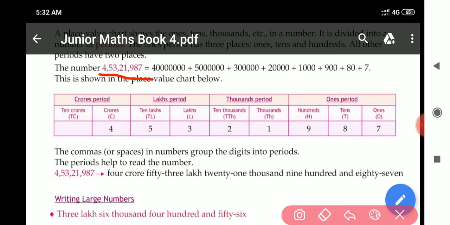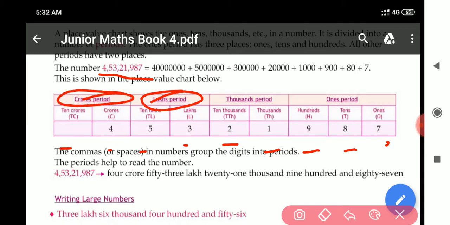As we have studied, from the right side we start with ones, tens, hundreds. This is one period. Then 1,000, 10,000. This is the thousand period. Lakh, 10 lakh. This is the lakh period. Then crore and 10 crore. This is the crore period.